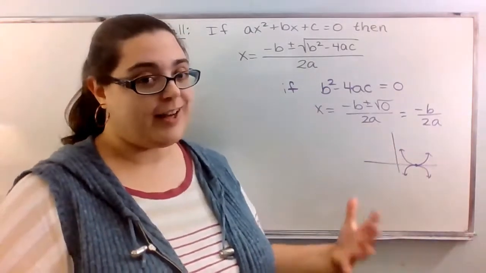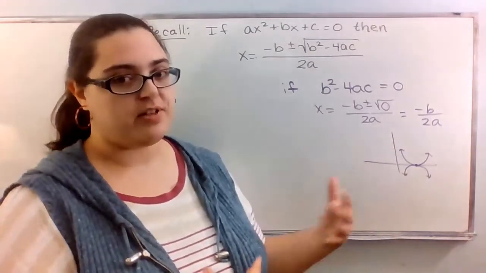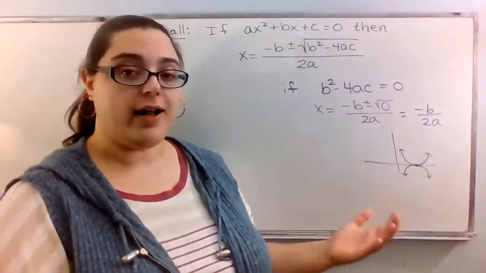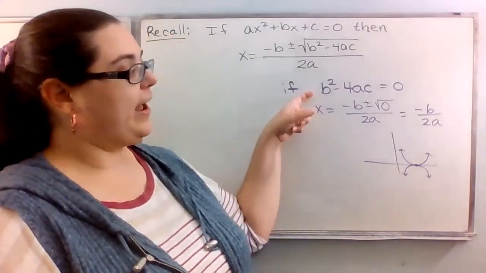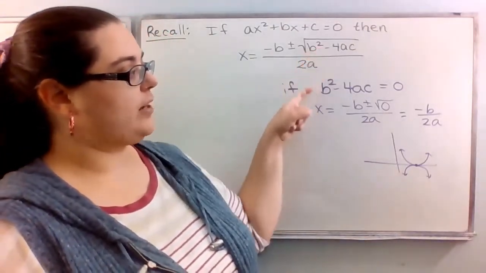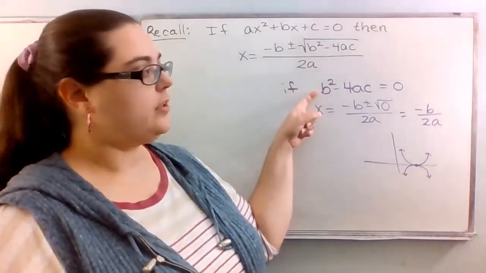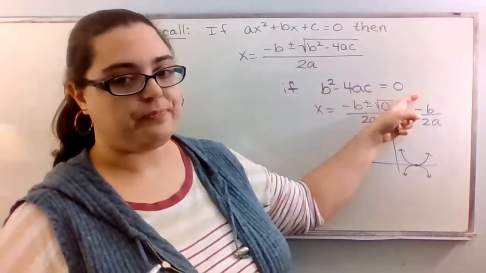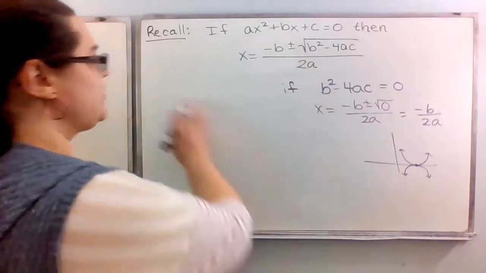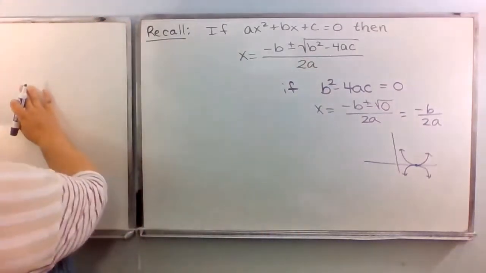So one thing that can happen for the x-intercepts of a quadratic is you could get one x-intercept, and that will happen when this number under the radical, the b squared minus 4ac, is 0. So I'm just going to write that as a note on the side over here.